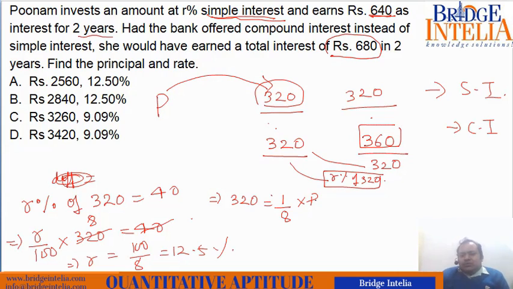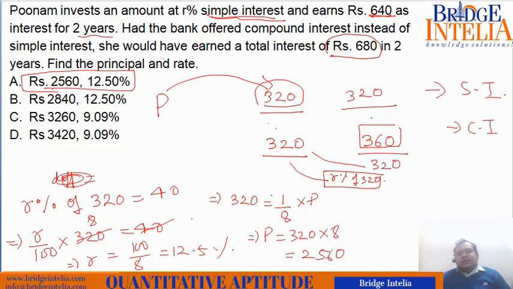So 320 is equal to 1/8 of P. It means principal amount is equal to 320 into 8, that is equal to 2560. Okay, so this is the answer. 2560 is the principal and 12.5% is the prevailing rate.